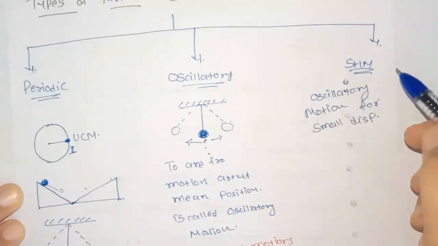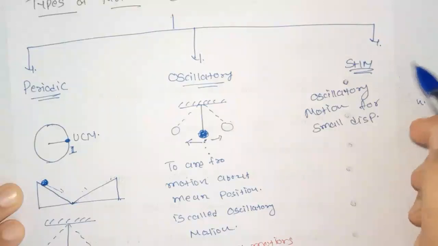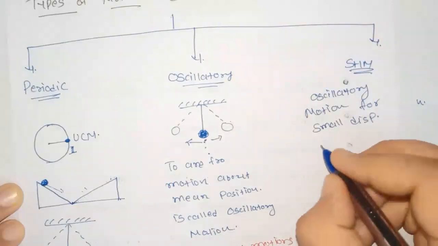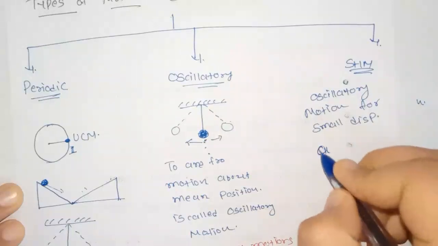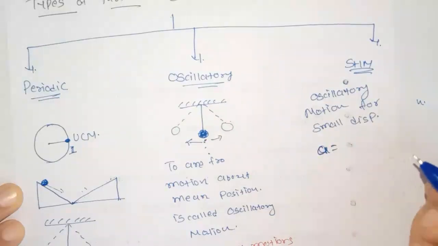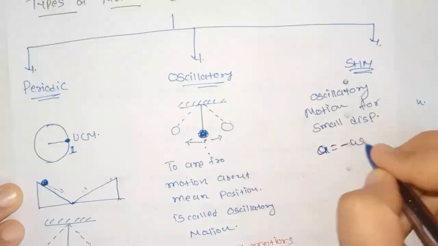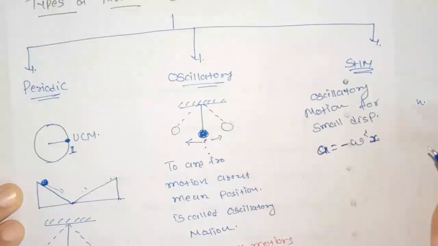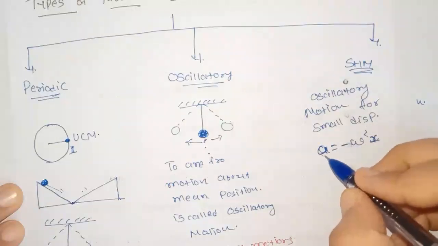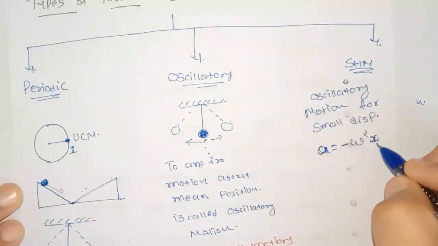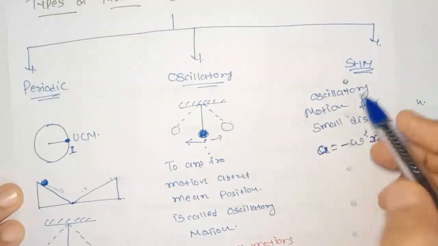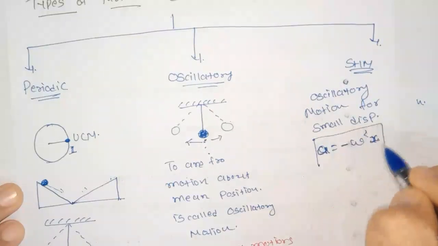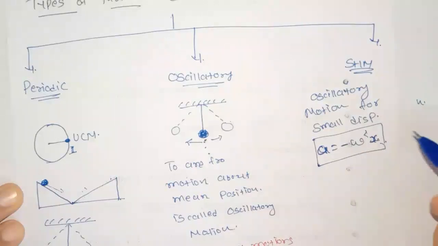That we will understand in detail in the next lecture. But let us just write down the condition. If the acceleration of any particle at any point follows this equation, a is equal to minus omega square x, where a is the instantaneous acceleration, x is the position, and omega is the angular frequency, then that motion is said to be simple harmonic motion.